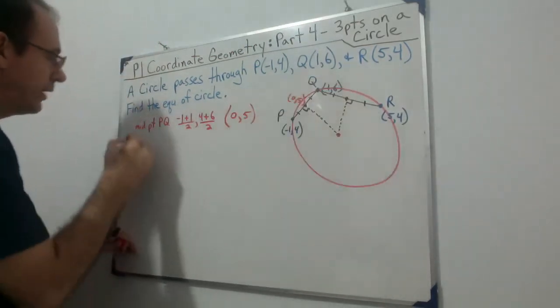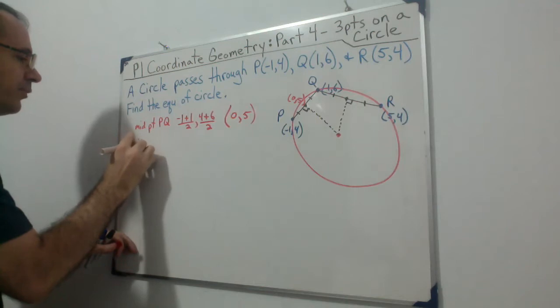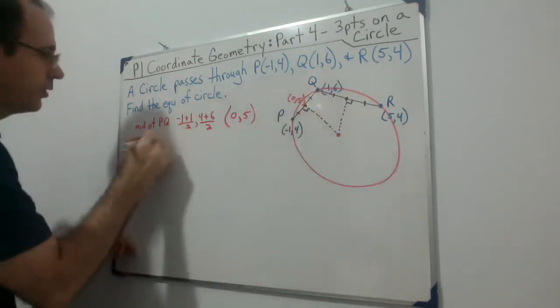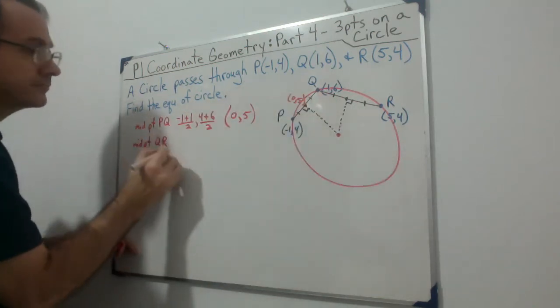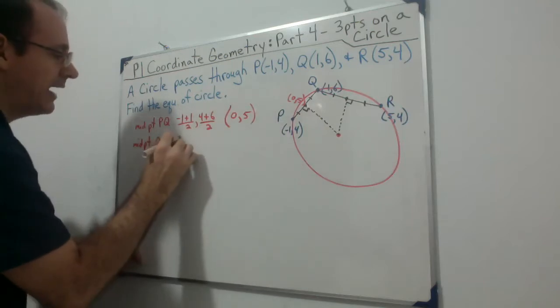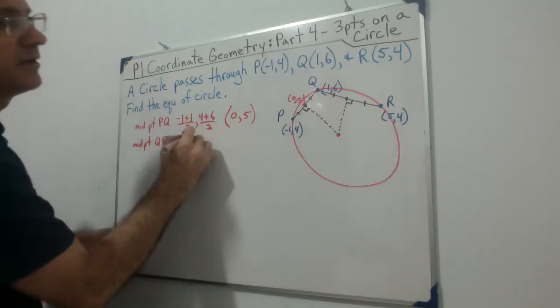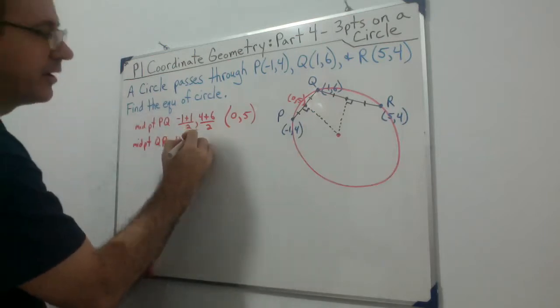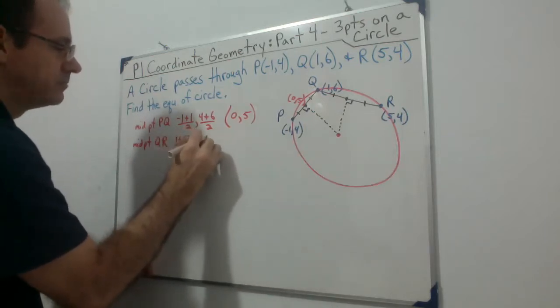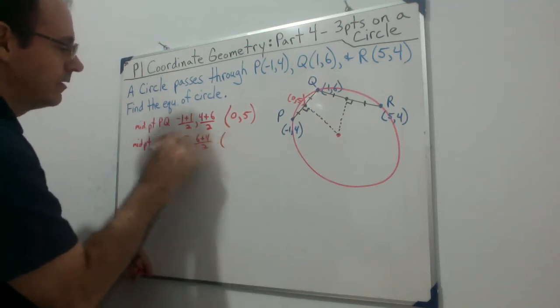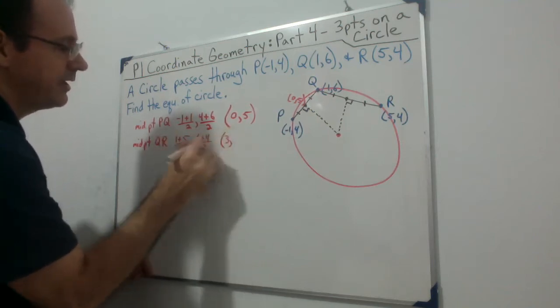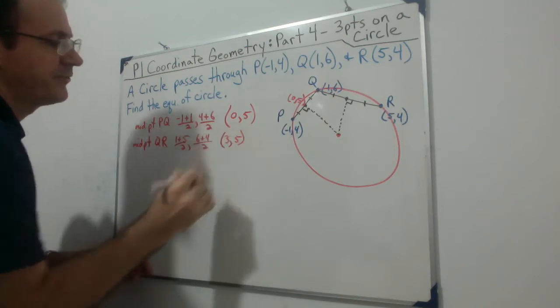So this midpoint over here, the midpoint of QR, is going to be (1 plus 5) divided by 2 and (6 plus 4) divided by 2. So 6 divided by 2 is 3, 10 divided by 2 is 5.